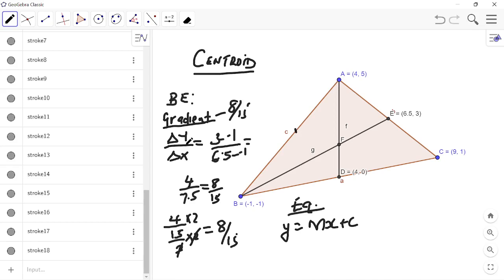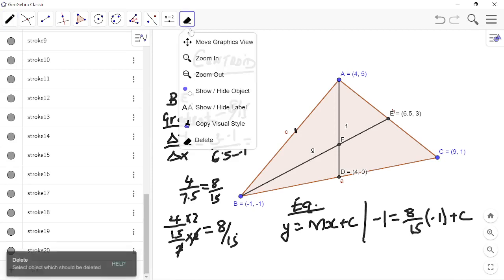I'm seeing negative 1 and 1 is easier for me. So when y is negative 1, our gradient is 8 over 15 and x is negative 1, then we can get c. So what is our c here?